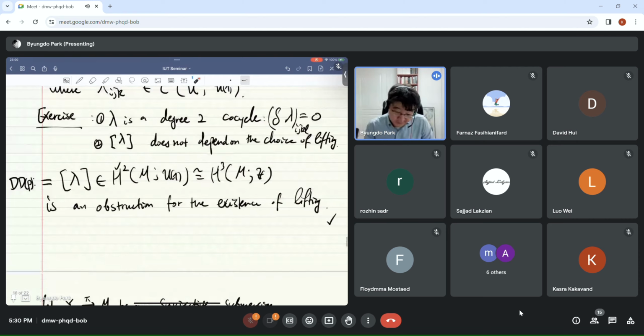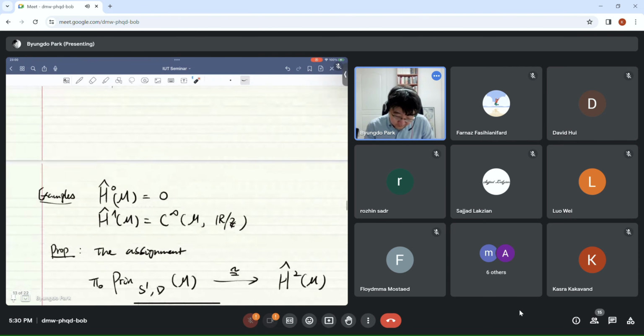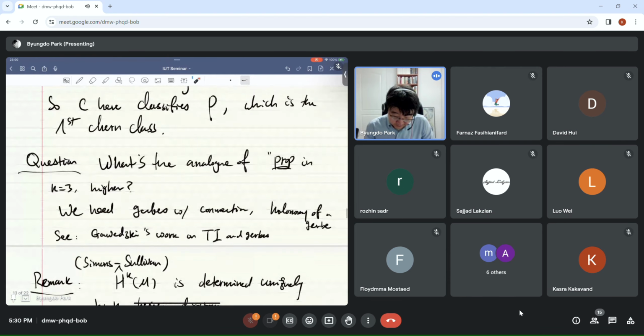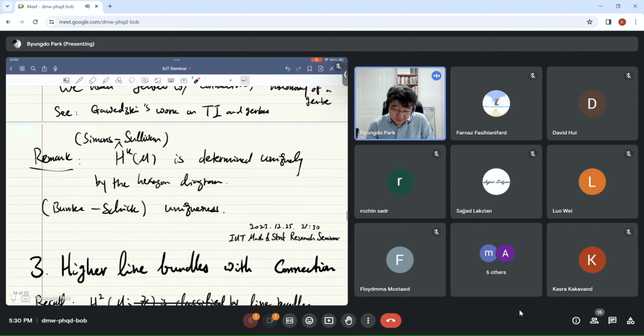We discussed this uniqueness theorem, where Cheeger-Simons proved that what fits into the middle of the hexagon diagram is determined uniquely, and actually the Deligne thing fits uniquely in the middle.